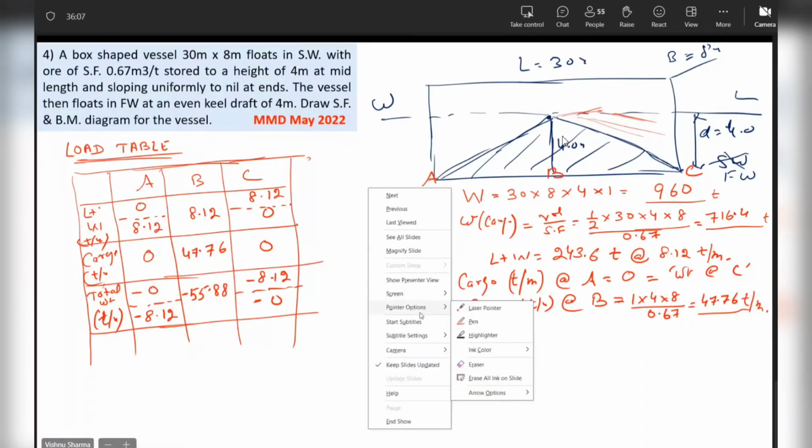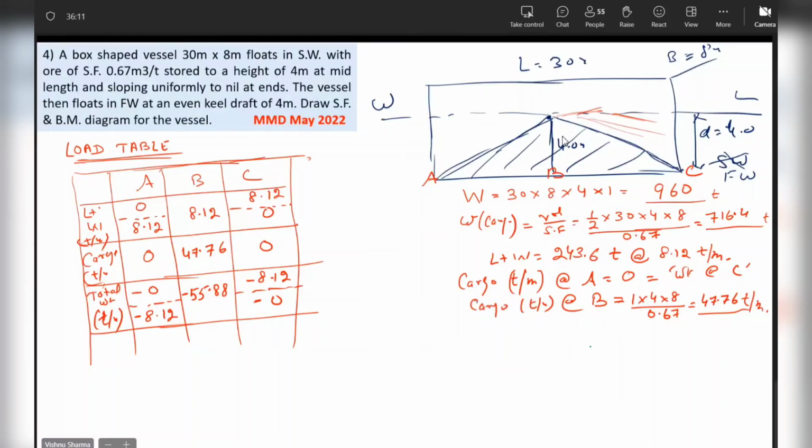Next will be buoyancy. Now, since the vessel is floating at even keel, the buoyancy will be equal to displacement. And what is the displacement? Displacement is 960 tons. So 960 tons is the buoyancy. Since it's box shaped on even keel, it will be divided by 30.